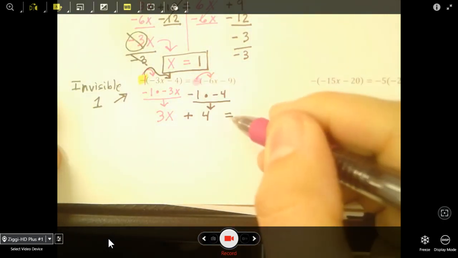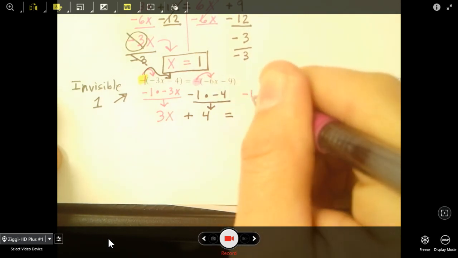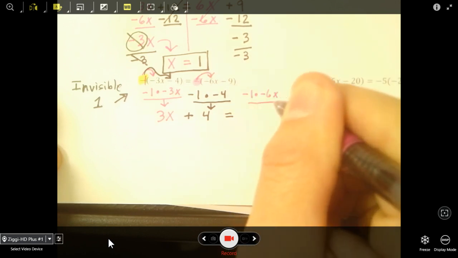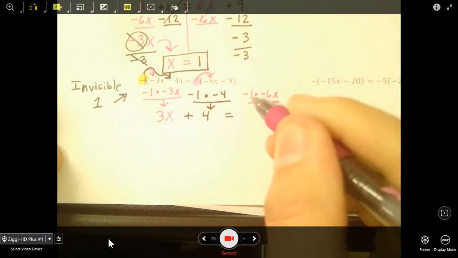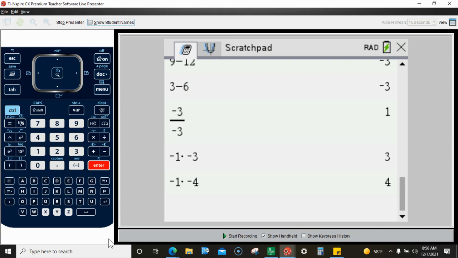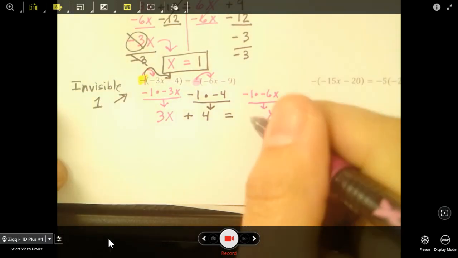And then negative 1 times negative 6x. And once again, I'm going to bring down the x, and I'm just going to multiply the negative 1 and the negative 6 in my calculator. That'll show me what I get. So I have negative 1 times negative 6, and it gives me positive 6. So I'm going to write that down right here. So that is a positive 6.